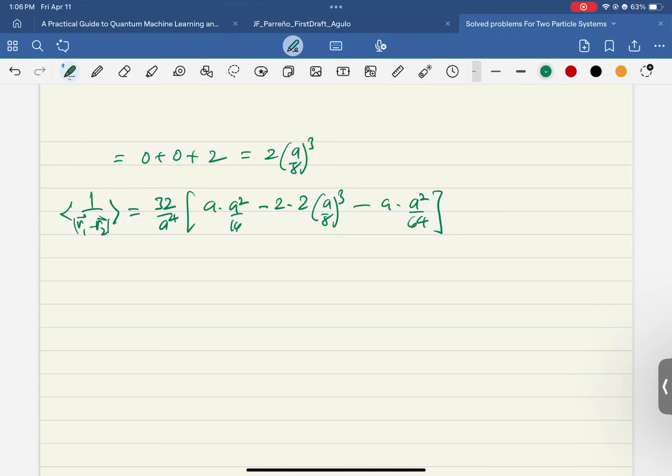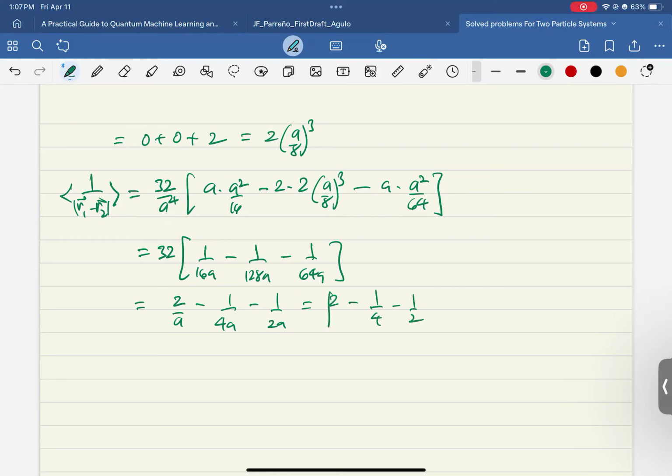Okay. So we have 32 times 1 over 16a minus 1 over 128a minus 1 over 64a. And then multiply natin yung 32, we have 2 over a minus 1 over 4a minus 1 over 2a, or this is just 2 minus 1/4 minus 1/2 times 1 over a.